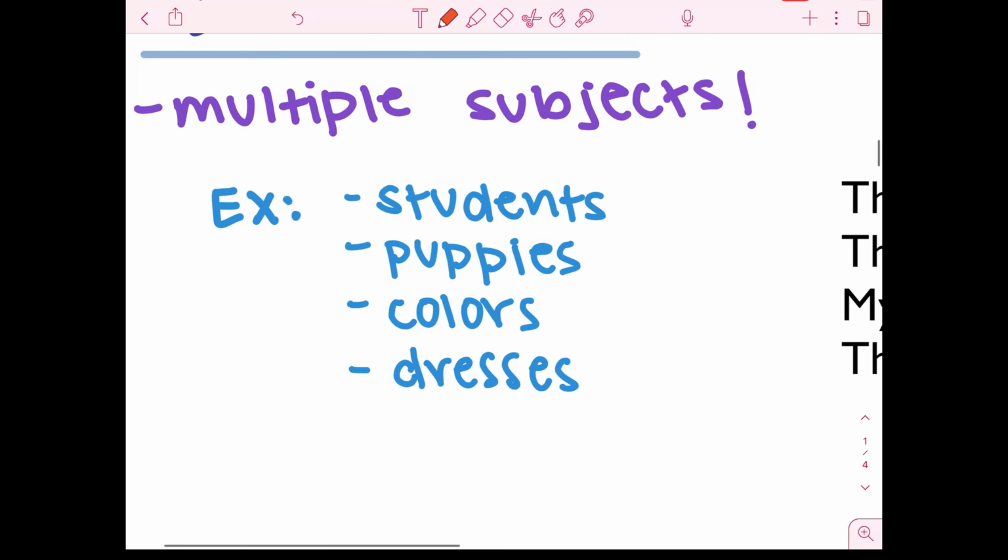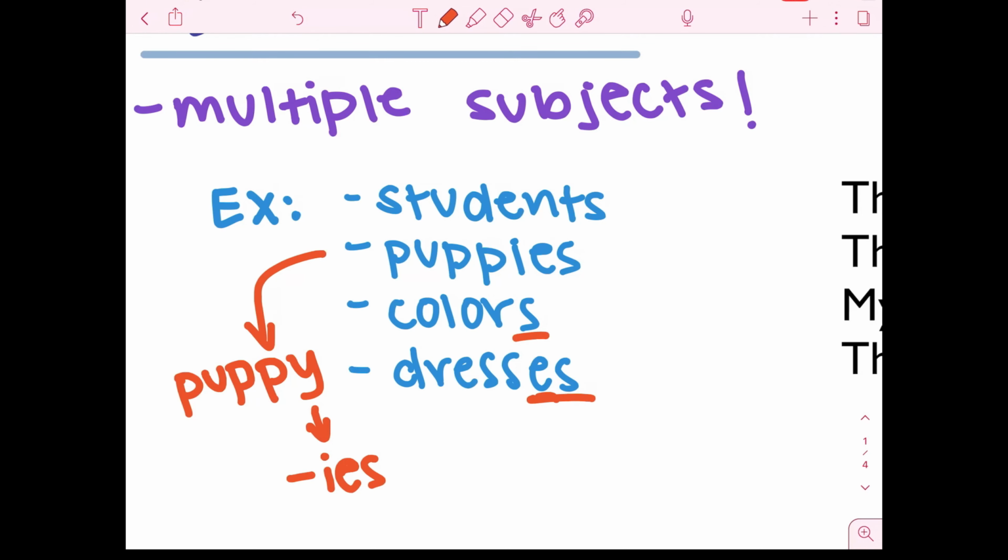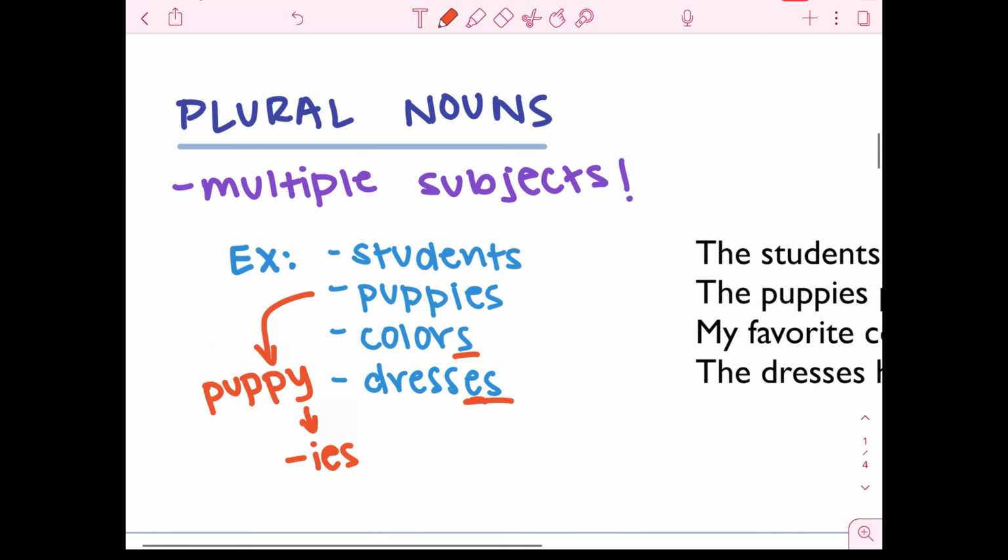So you notice how instead of puppies, the regular singular form would be spelled as puppy. There are certain rules where you have to change the Y to an IES and so on. But mostly it's either adding an S or an ES to the end of your word.